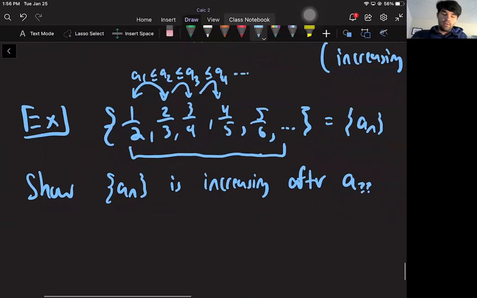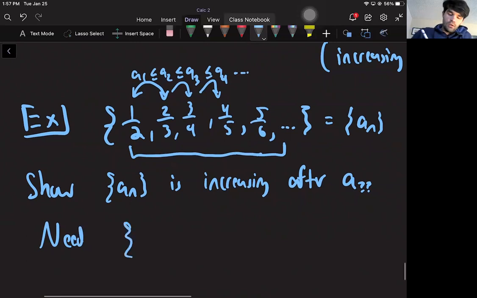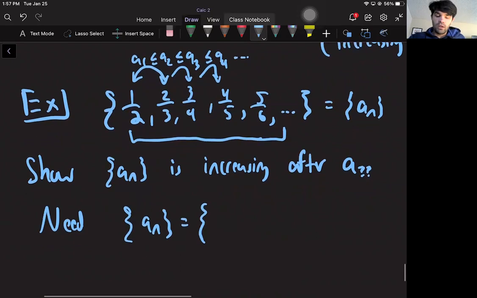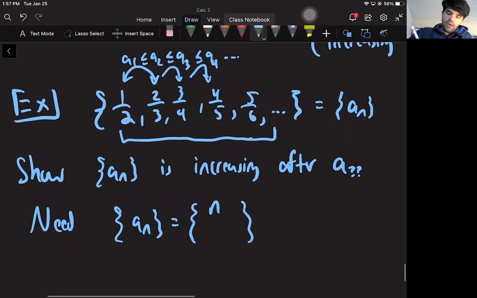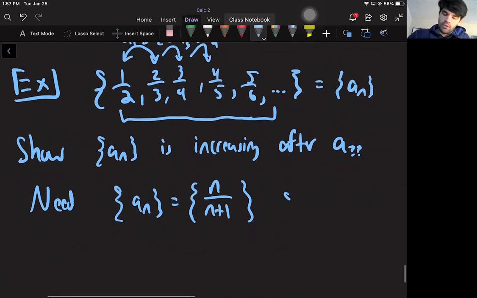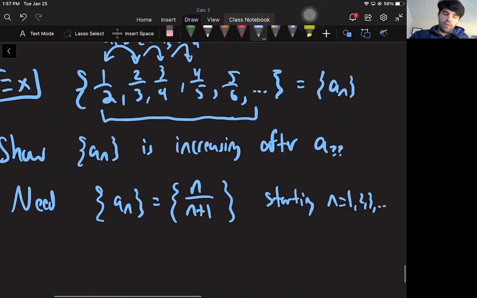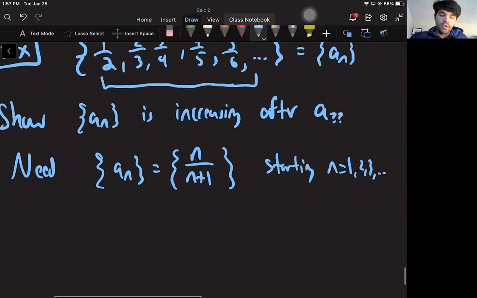So what I need is the nice formula for A_n, which in this case, I can do pretty quick. It's just n over n plus 1, starting at 1, right? If I plug in 1, I get 1 over 1 plus 1 is 1 over 2. If I plug in 2, I get 2 over 2 plus 1 is 2 over 3. So I get the sequence I'm after.